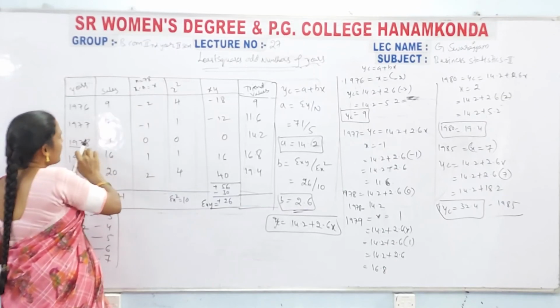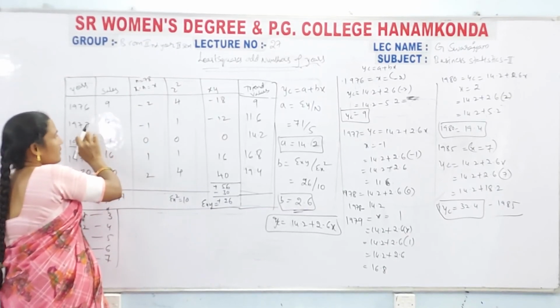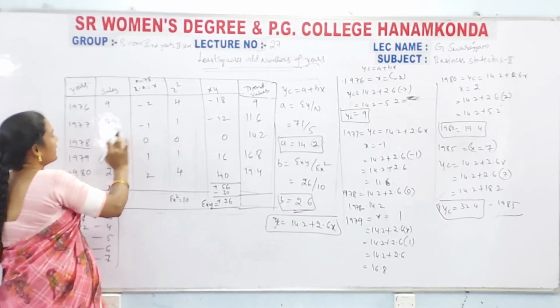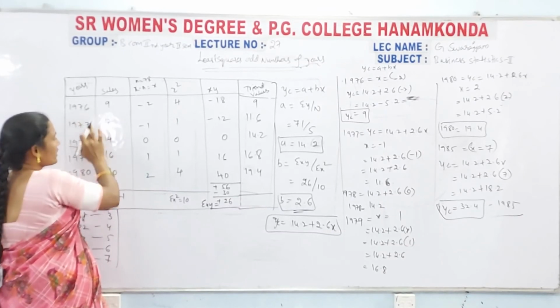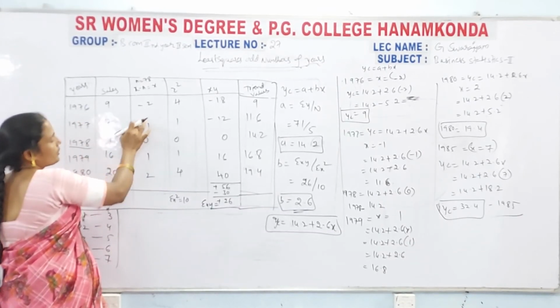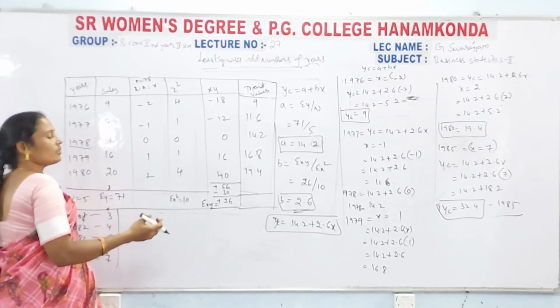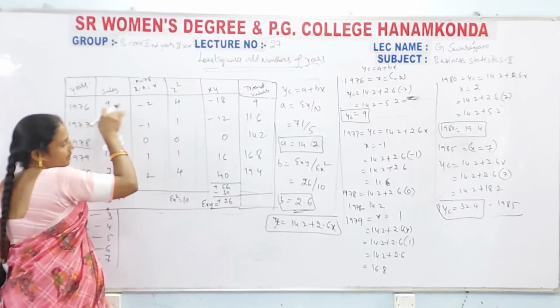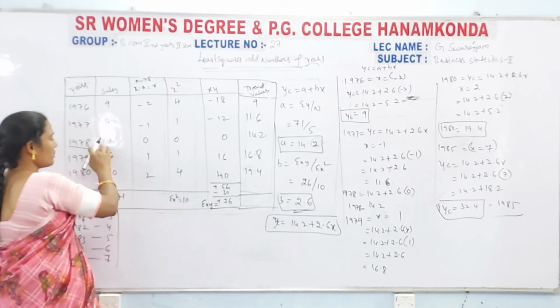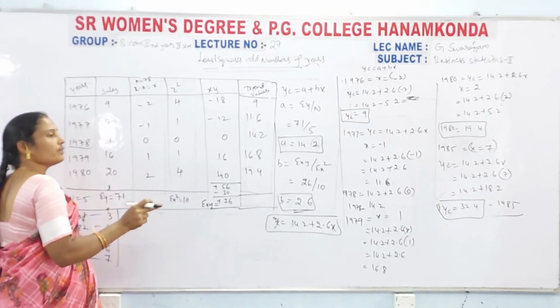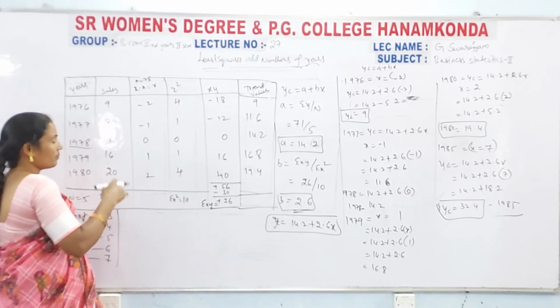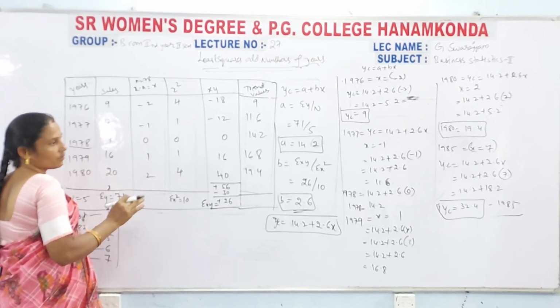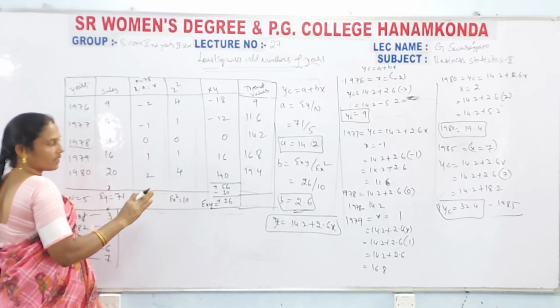Assume that 1978 is the middle year, then 1977 is minus 1, 1976 is minus 2. After the middle year the values increase as positive, before the year they are negative. So in estimated trend values, future values are found out, and before values are not given, only future estimated values are given.